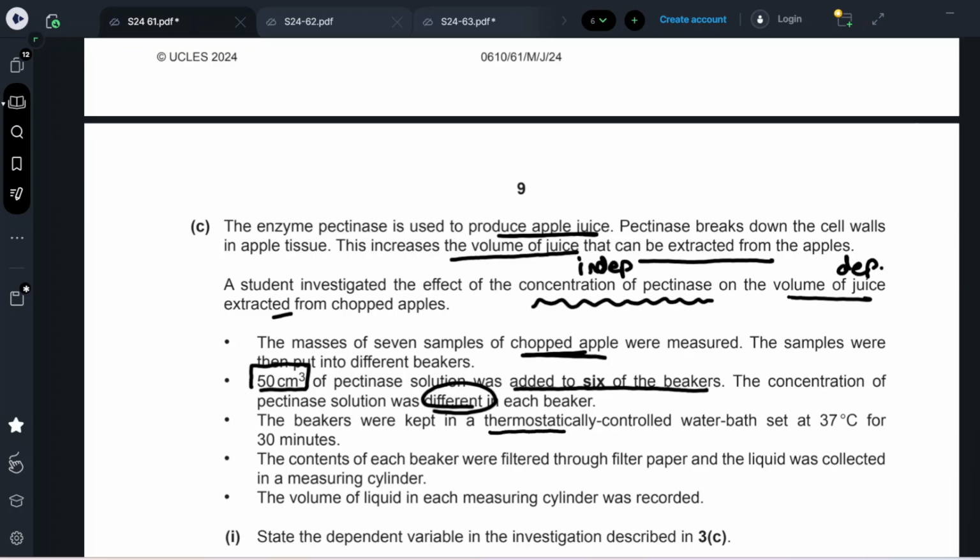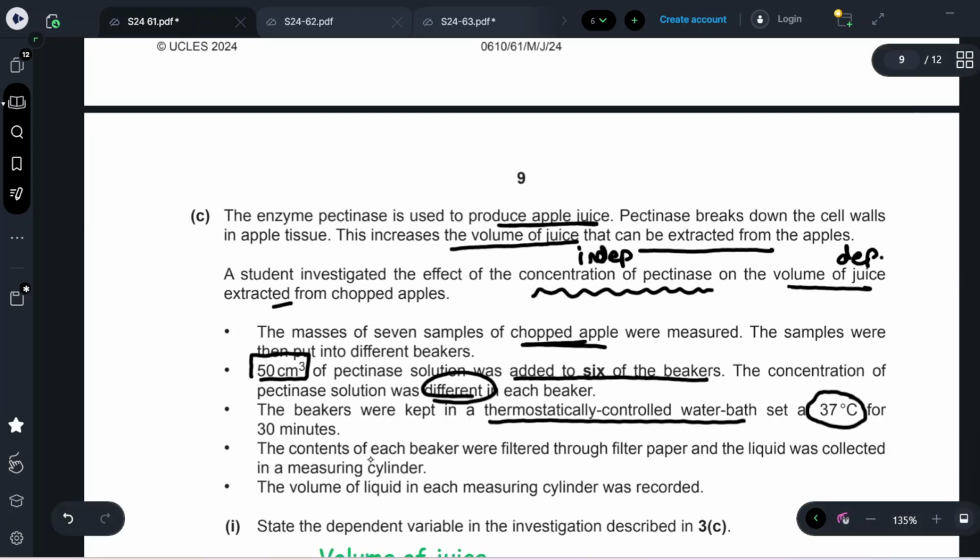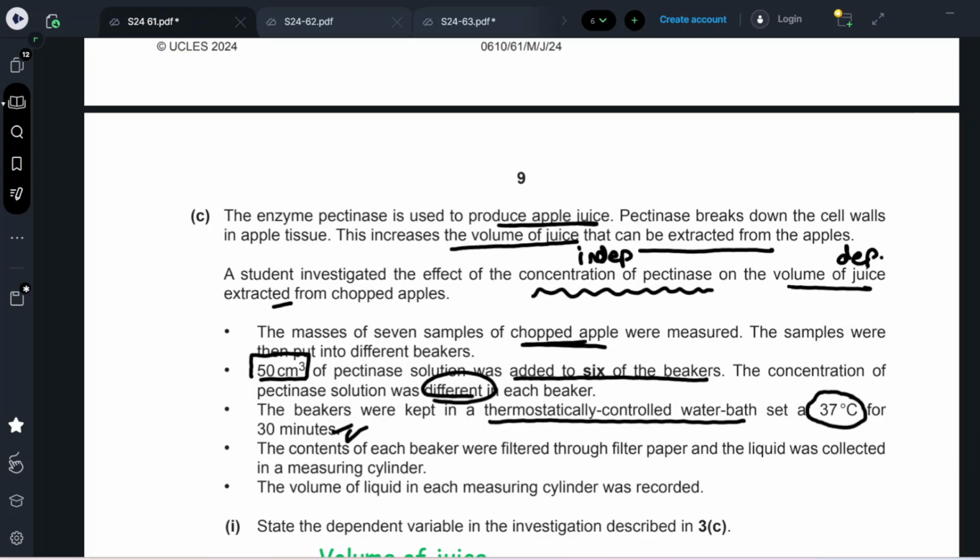They were kept in a thermostatically controlled water bath, 37 degrees Celsius, all of them for 30 minutes, and the same temperature for all. Contents of the beaker were filtered and the liquid was collected. Volume of liquid was recorded.